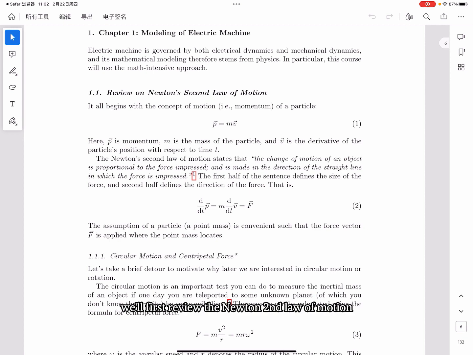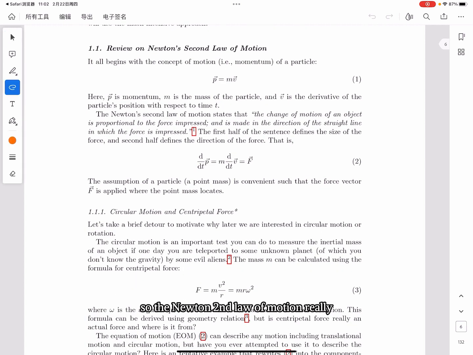We will first review Newton's second law of motion. Newton's second law of motion involves one concept known as momentum, denoted by p vector. It is equal to the mass of a point particle times its velocity v.